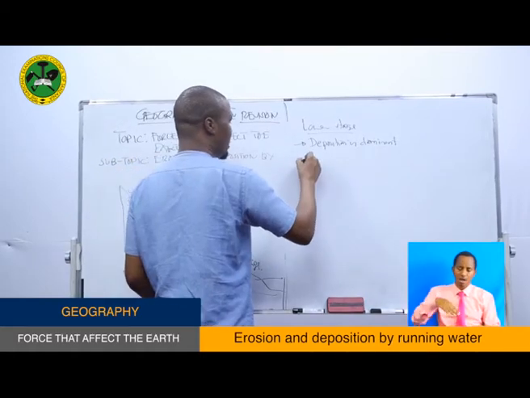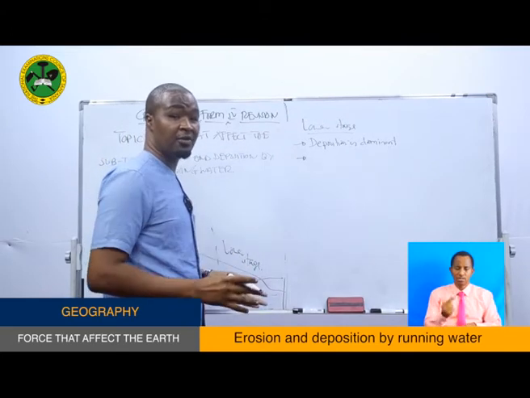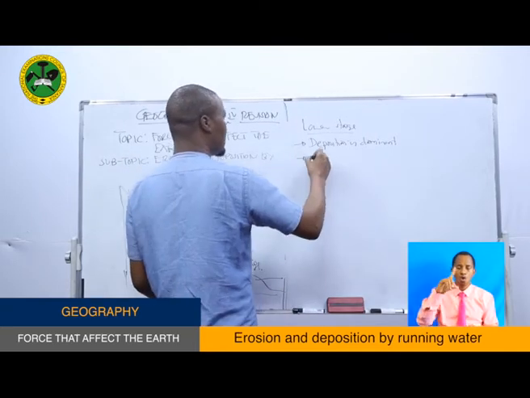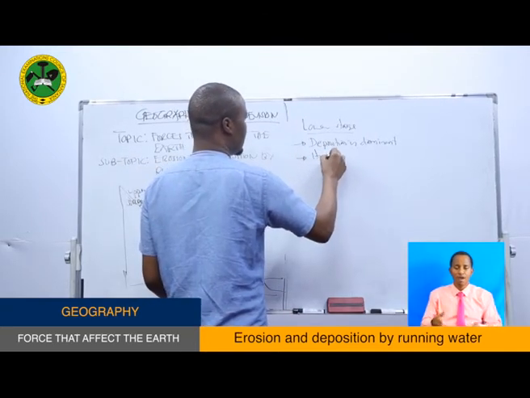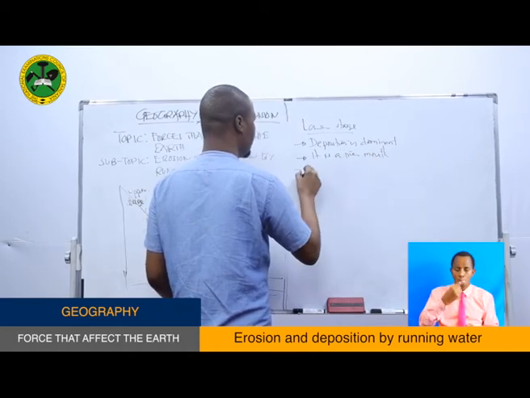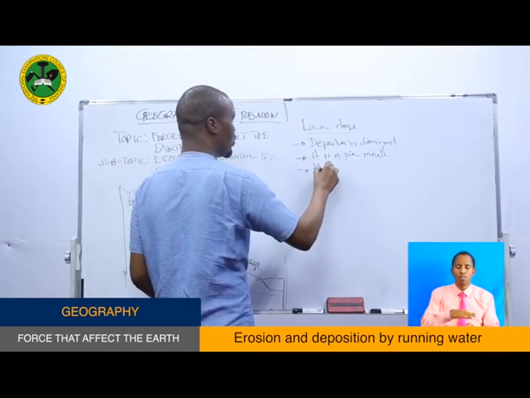Most of the time, at the upper stage is where we find the river source, while the lower stage is the river mouth. Then deposition is dominant. Then there is high water volume.